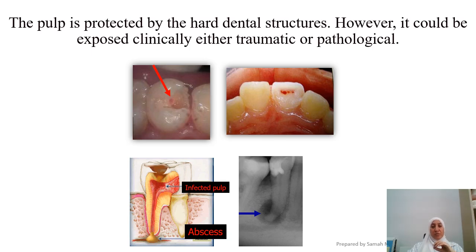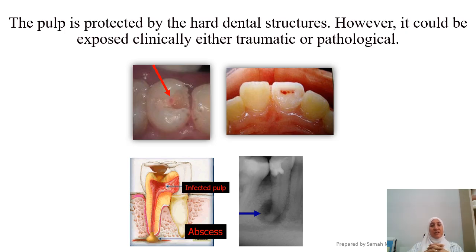Actually, the pulp should be protected and covered by the hard dental tissues, enamel and dentin, while a little bit of exposure of the pulp cavity could occur clinically, either traumatic, where the dentist induces this exposure with his or her rotary instruments or even hand instruments.